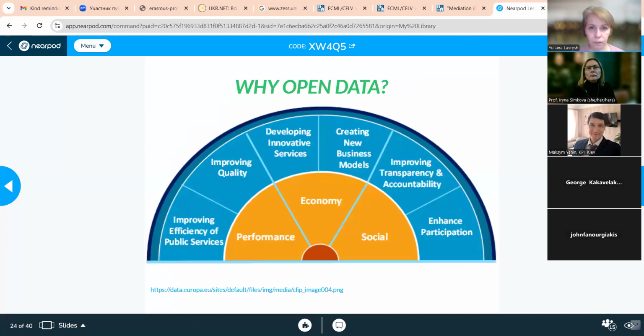Next, open data. Not only your papers should be in open science, but we've discussed pre-registration and open data. Here are the benefits of why we should open data.